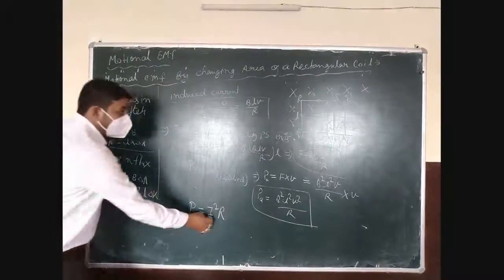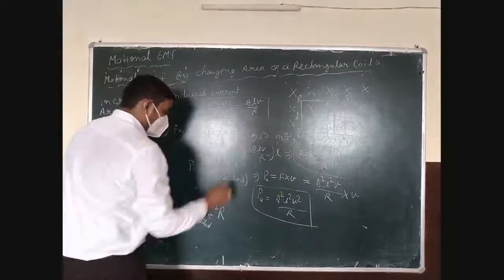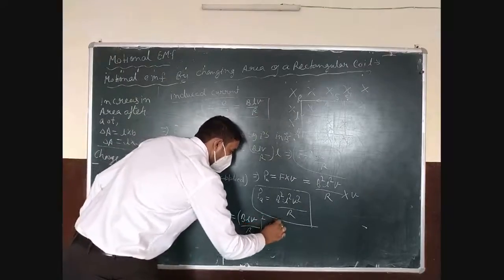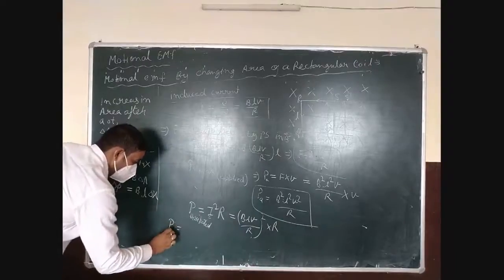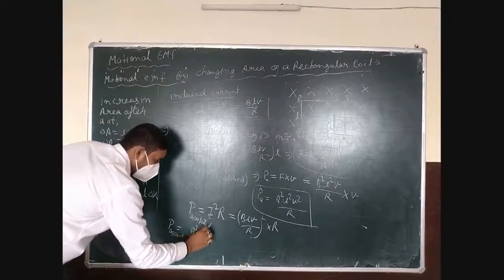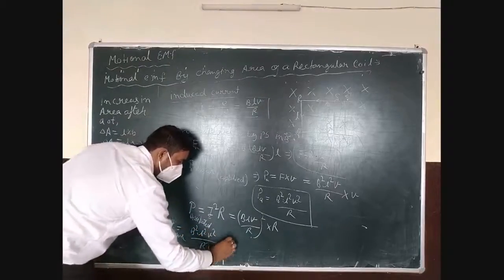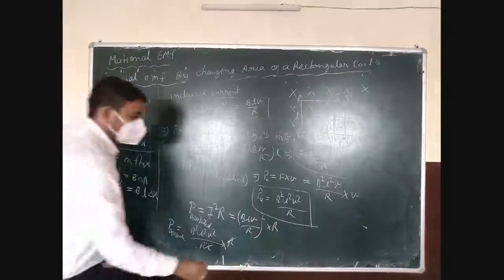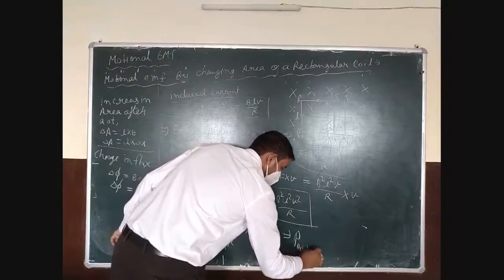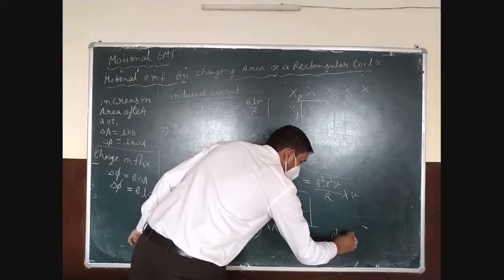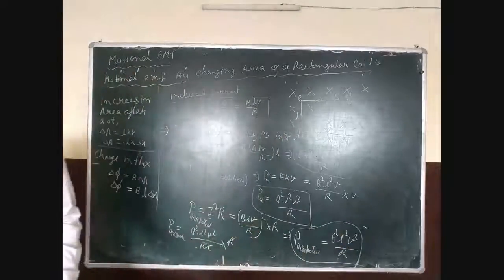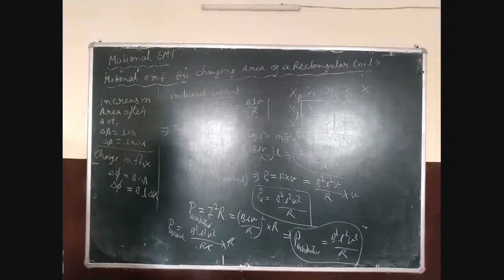This I you have derived here: BLV upon R square into R, that is P dissipated is equal to B square L square V square upon R square into R. This R cancels the square and we get power dissipated is equal to B square L square V square upon R, which is exactly equal to the power applied by the system in the magnetic field. Okay.